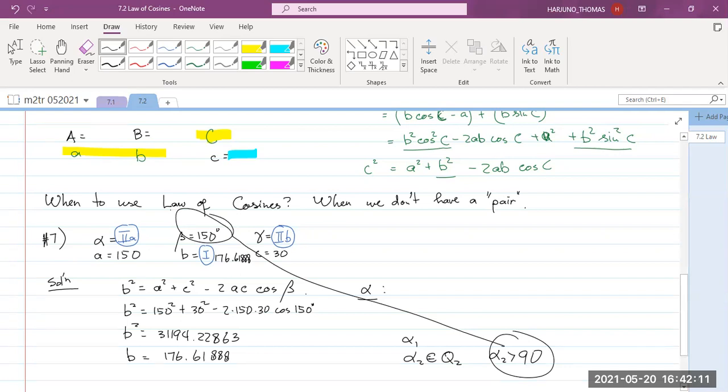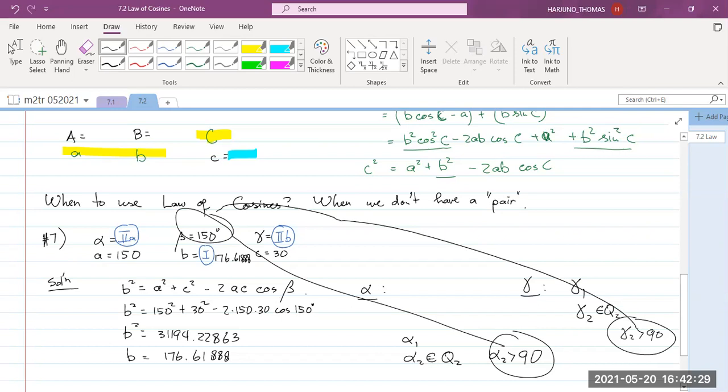Now even if you work on gamma, later on you will have gamma 1, gamma 2, right? Again, gamma 2 will be in quadrant 2, which means gamma 2 is already more than 90 degrees, which contradicts the fact that angle beta is already 150 degrees, since it would give you a total of more than 180 degrees.